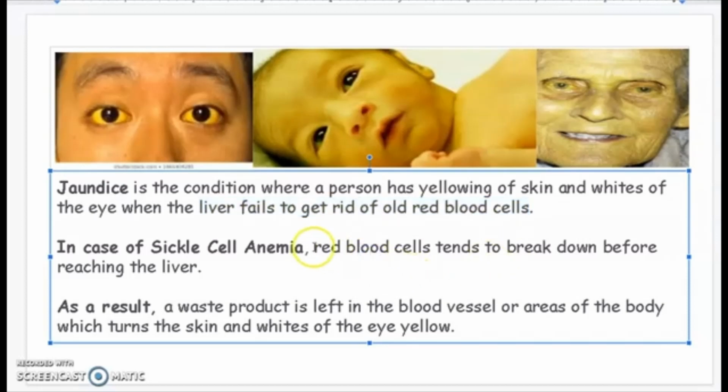Because if the liver fails to get rid of the red blood cells, the red blood cell will break down anywhere. As it breaks apart, a waste product is left in the blood vessel or area of the body. And that waste product is what turns your skin and your eye yellow.